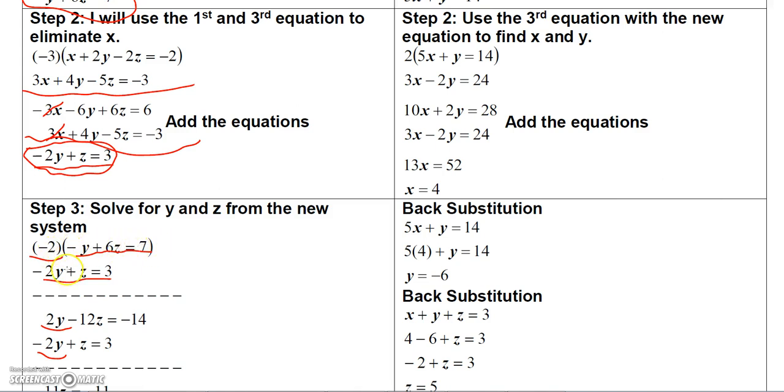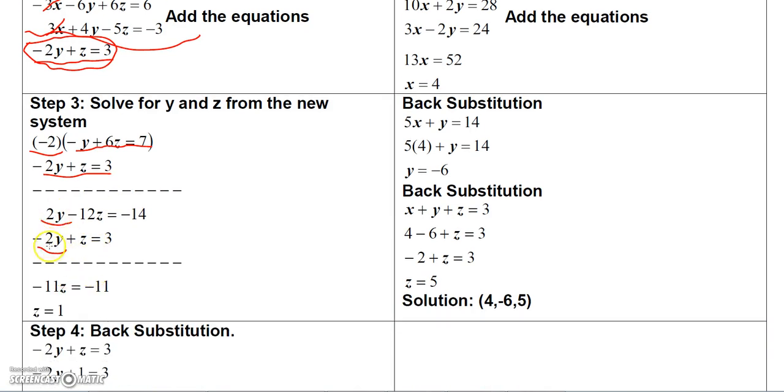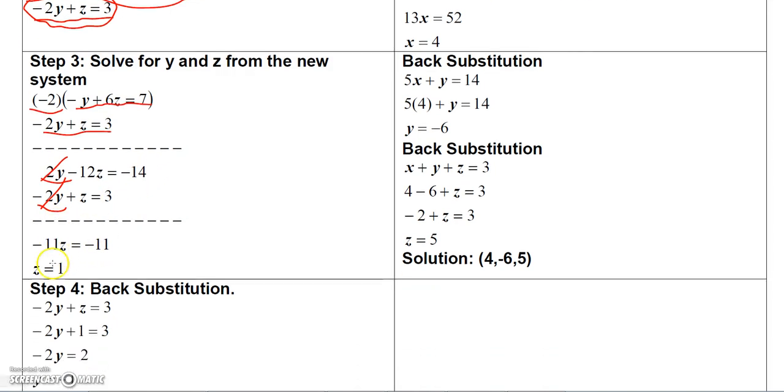So negative 2 times negative y is 2y, negative 2 times 6z is negative 12z, and negative 2 times 7 is negative 14. Now if I add these together, 2y plus negative 2y cancels. Negative 12z plus z is negative 11z, and then negative 14 plus 3 is negative 11.